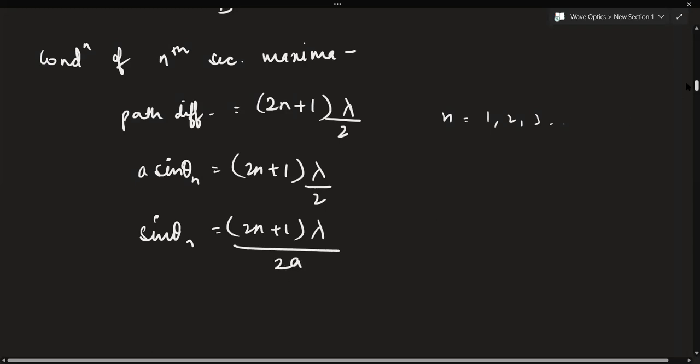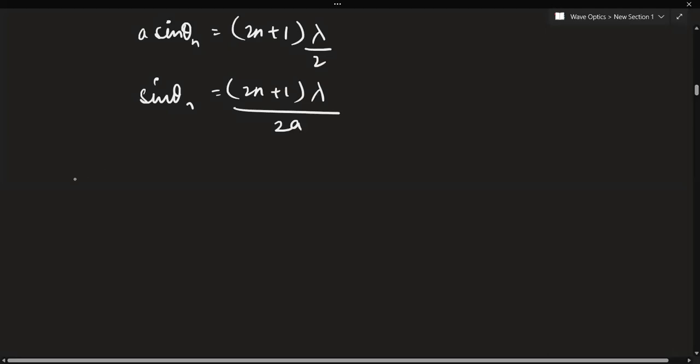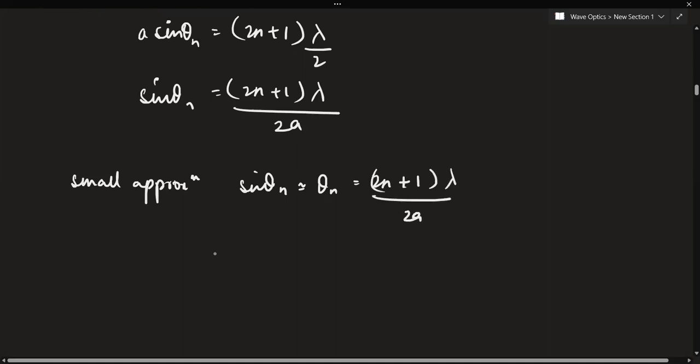And again, if you use small angle approximation, if your angle is very small, sine theta will almost be equal to theta n. This will be equal to 2n plus 1 lambda by 2a.